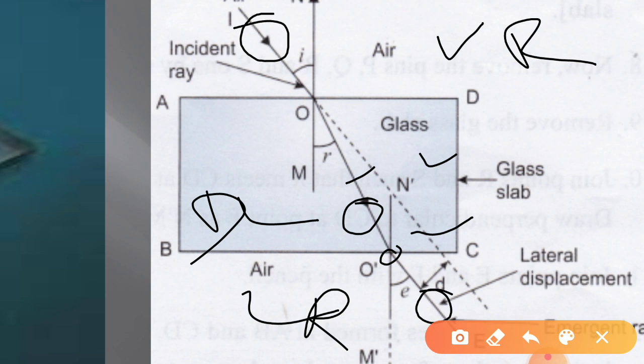The angle between the incident ray and the normal is known as the angle of incidence. The angle between the normal and the refracted ray is known as the angle of refraction. The angle between the normal and the emergent ray is known as the angle of emergence.